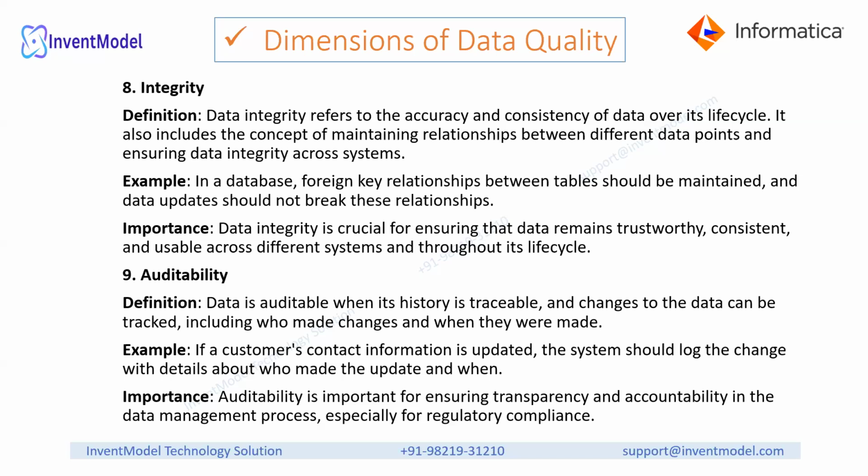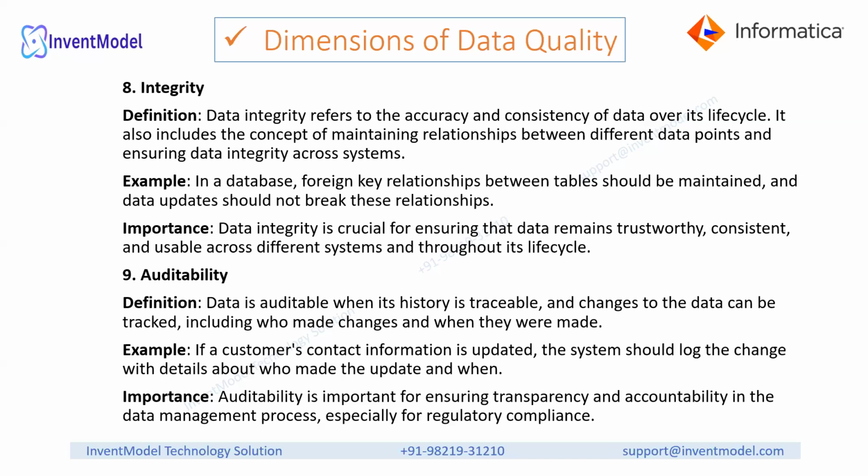Then we will understand that the data is consistent and maintaining proper integrity, right? Data integrity refers to the accuracy and consistency of data over its life cycle. It also includes maintaining relationships between different data points and ensuring data integrity across systems.